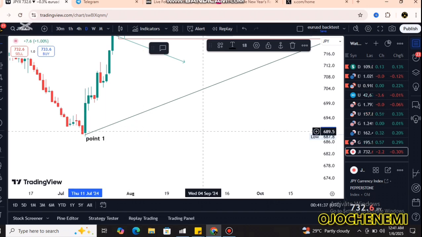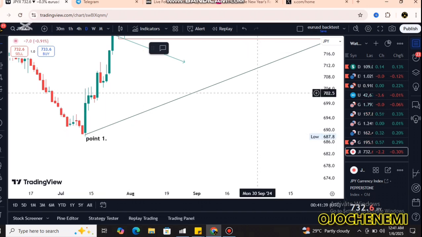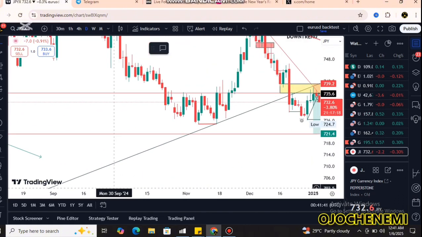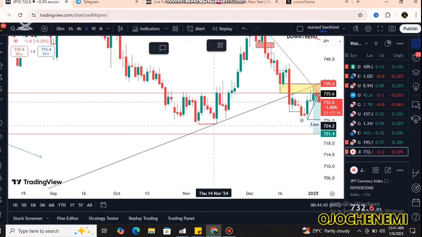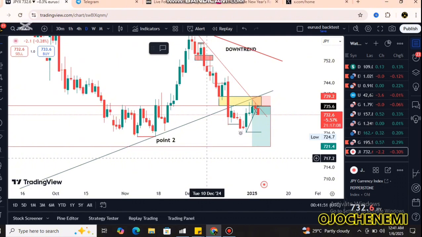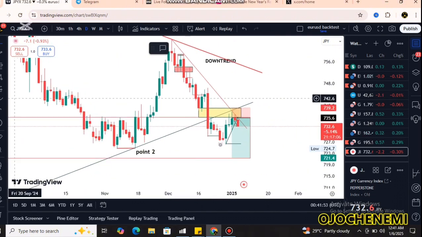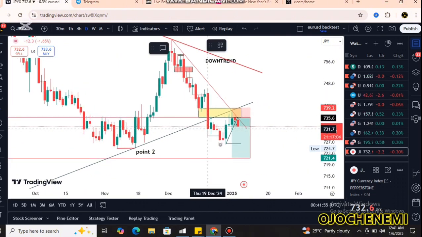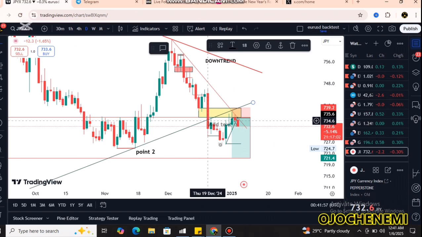Point 2 touch. Why I'm calling it point 1, point 2 is where it has touched my trend line before bouncing back up. So this is point 3, point 2, and my point 3 usually breaks. Point 3 break. This is my point 3 break. You understand what I'm saying?